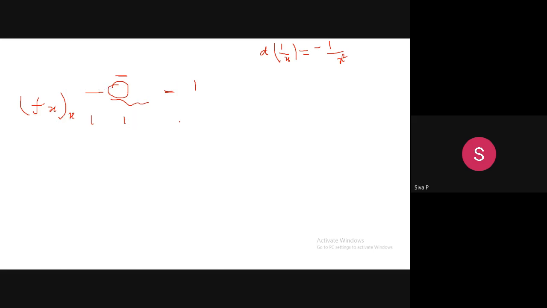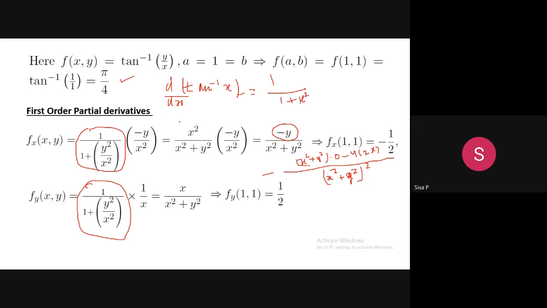So what is fx here? Fy. In case you are taking fy, with respect to x, if you are differentiating with respect to x, what happened? x square plus y square whole square.